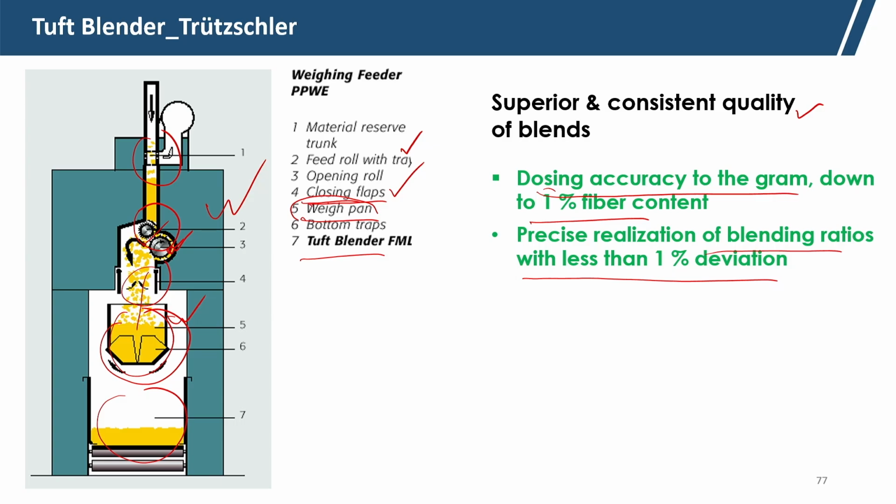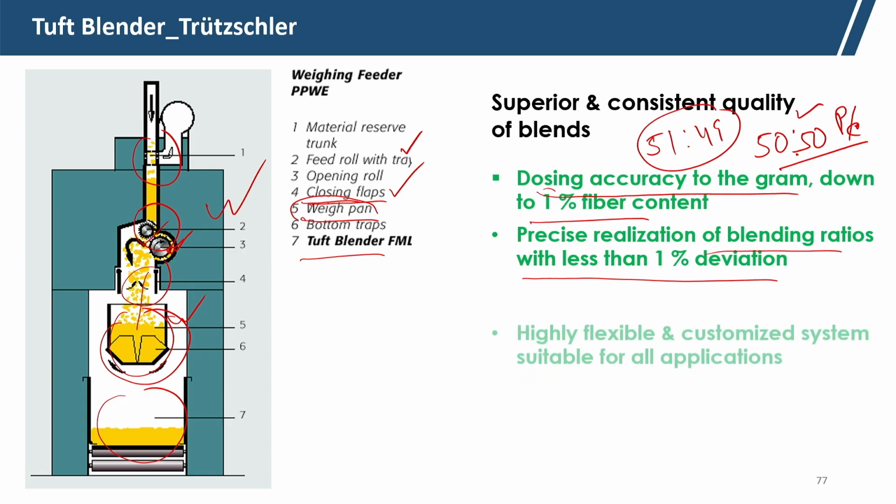It is a very high precision. If we want 50-50 polyester cotton, we can have a maximum deviation of, say, 51:49. That is very high precision that we can achieve with this type of system.